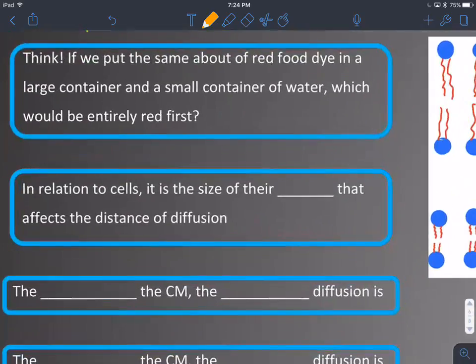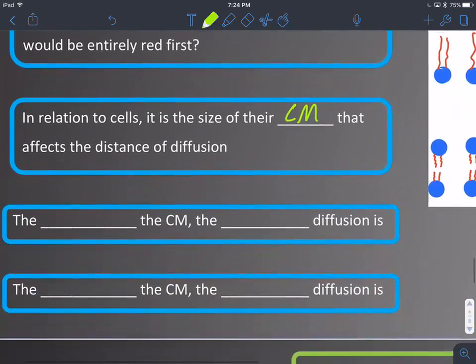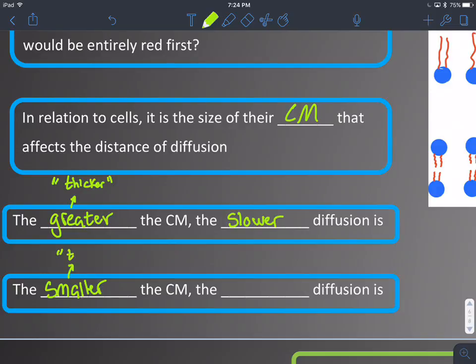All right, so in relation to cells, it's actually the size of their cell membrane that affects the distance of diffusion, where the greater the size of the cell membrane, the slower diffusion is. You guys can also think of this as thicker and thinner. Okay, the thinner the cell membrane is, the faster diffusion is.